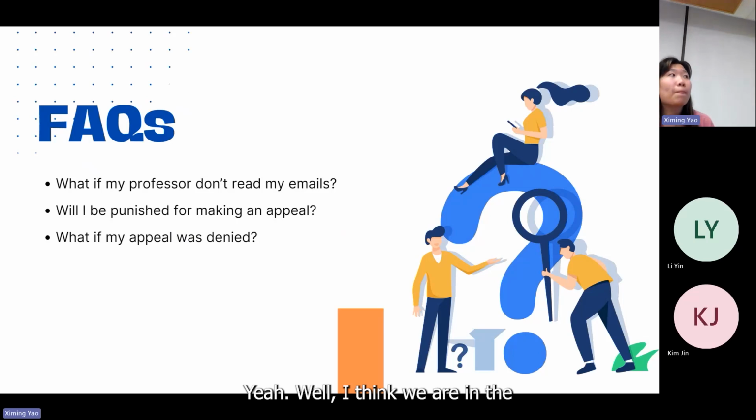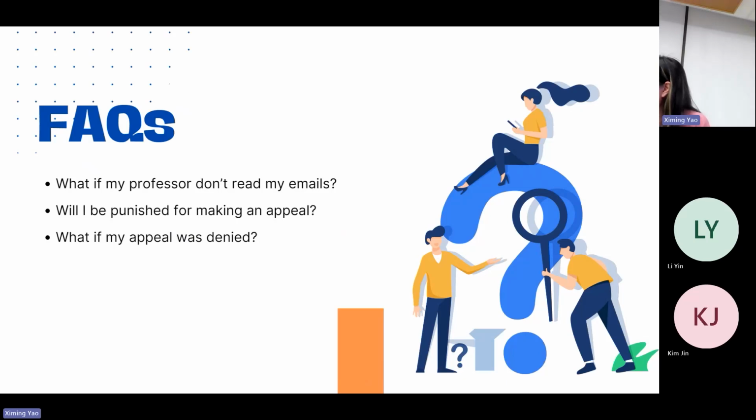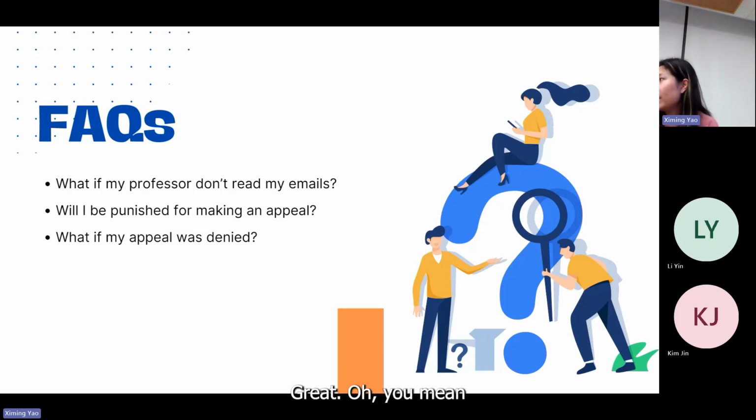But I think we are addressing the behavior of the professor, which was unjust. Does that also have a timeline? That will be solely an educational complaint. You can still complain about your professor, but you can no longer appeal for grades. Okay, thanks. If no more questions, I shall move on.